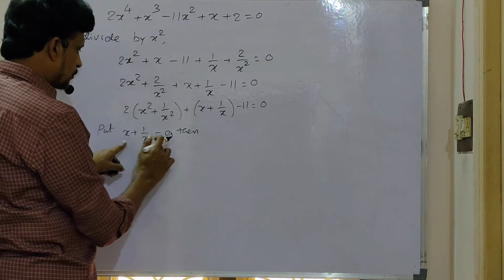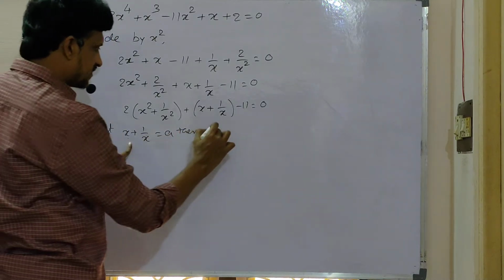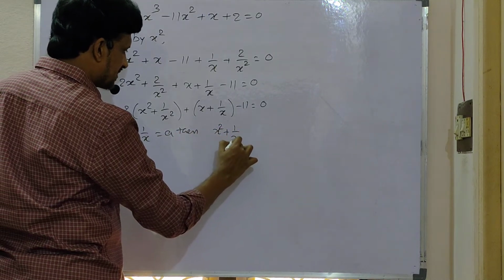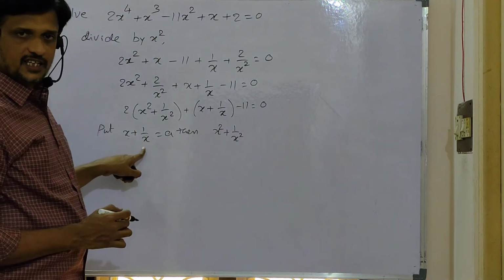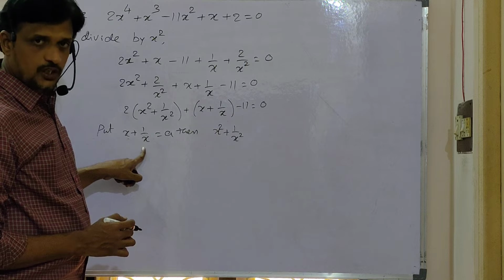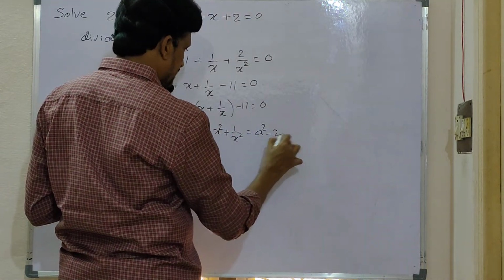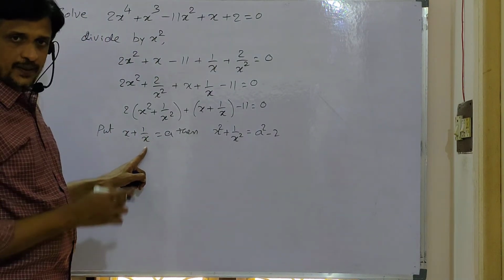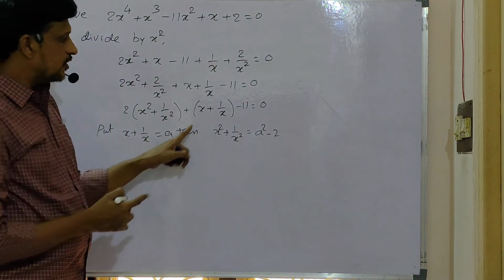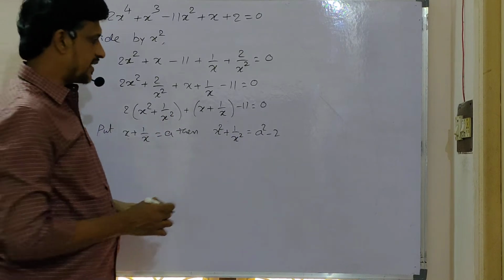If you apply the whole square on either side, using the (a + b) whole square form, you get x^2 + 1 by x^2 plus 2 into x into 1 by x, that means plus 2, is equal to a^2. So we can write x^2 + 1 by x^2 + 2 = a^2. So the required x^2 + 1 by x^2 is equal to a^2 - 2.